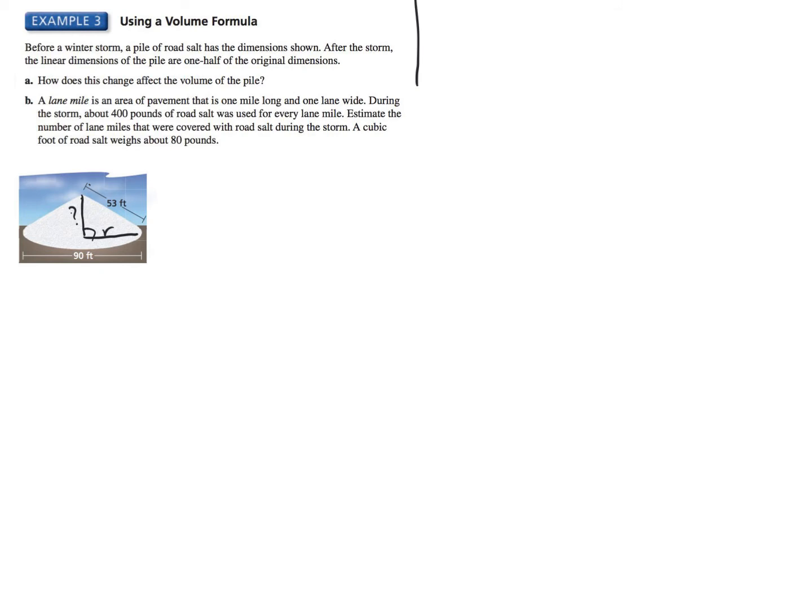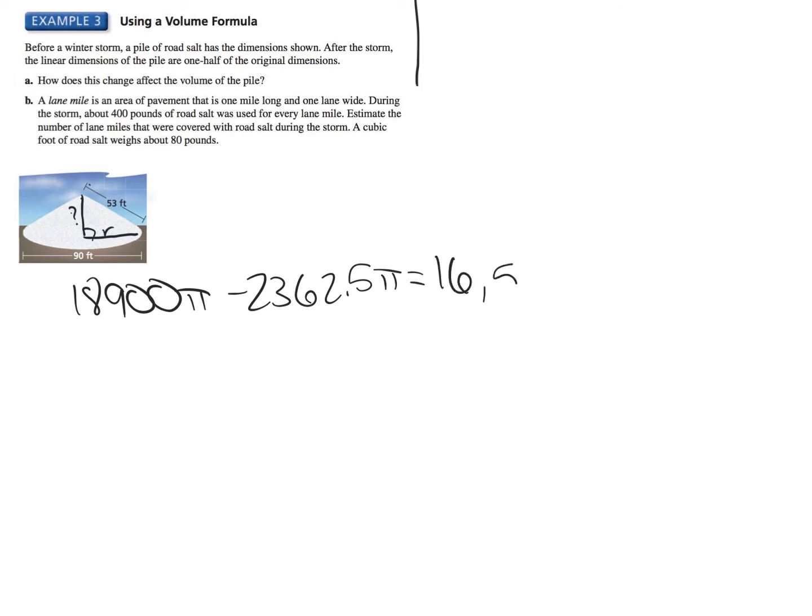So before our storm, we had 18,900 pi. Then at the end of the storm, we had 2362.5 pi. So in total, the amount that was used was 16,537.5 pi cubic feet, or feet cubed. That's how much was used. That's the volume of it.